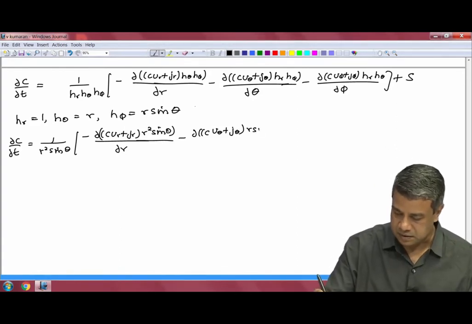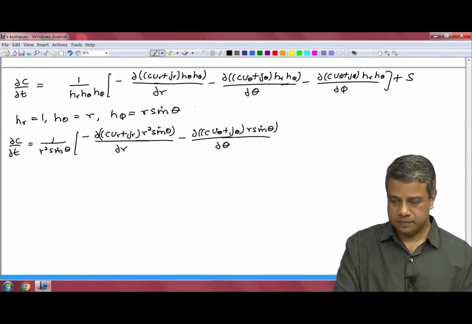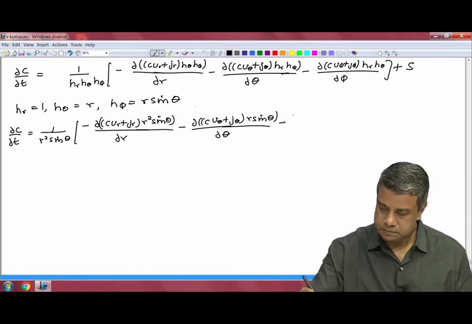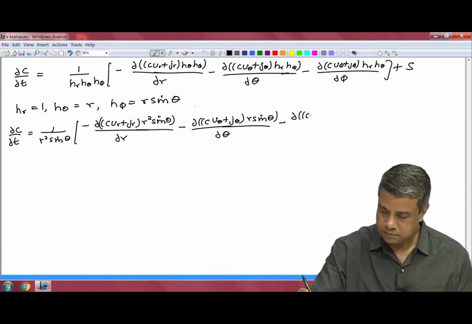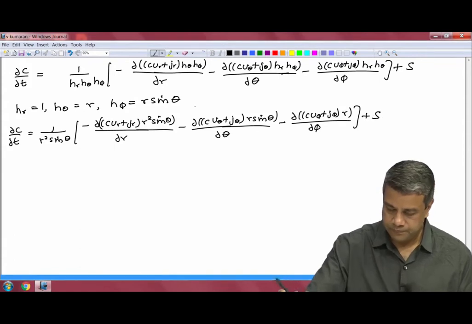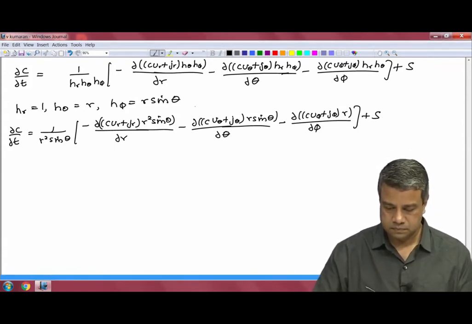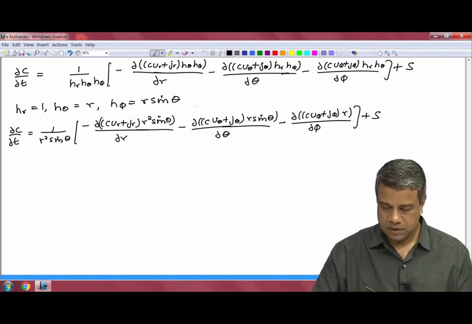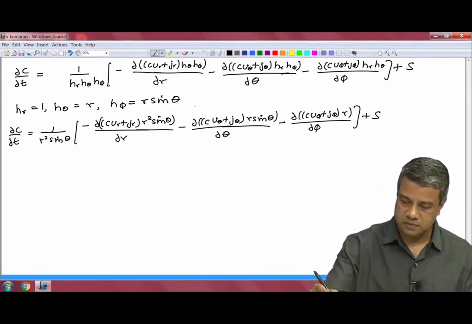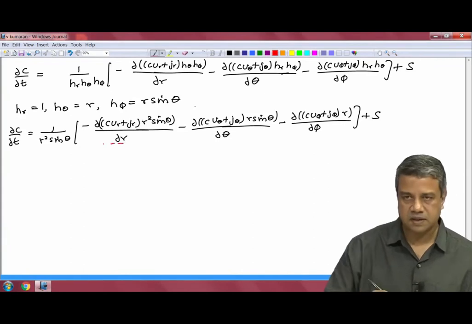So, I will get r sin theta here. When I take the derivative in the first term with respect to r, I can cancel out sin theta.